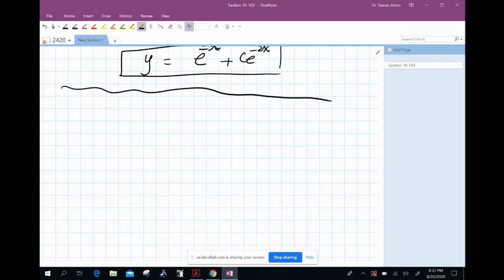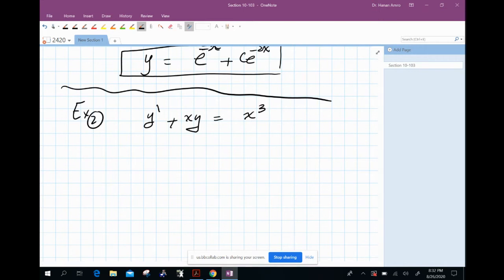We have example 2. I have y prime plus x times y, and that's equal to x cubed. This way we will see how this is supposed to be done.